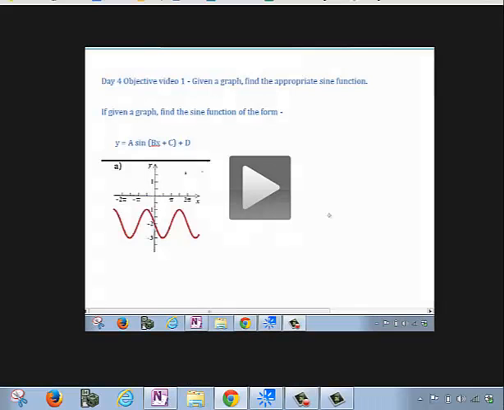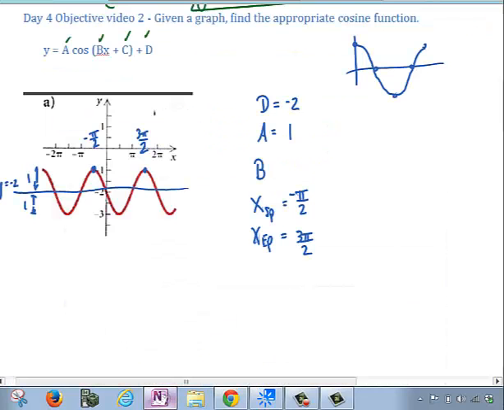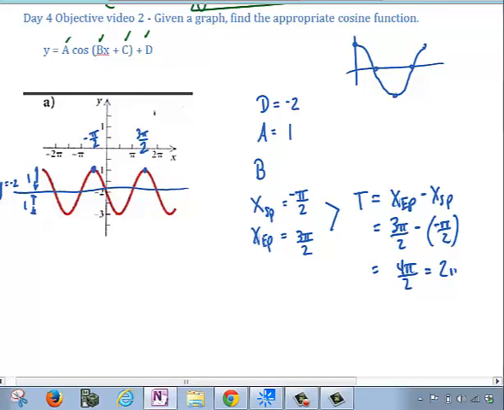Using those two pieces of information, the period is equal to the end point minus the starting point, and that will equal 3 pi over 2 minus negative pi over 2, which gives us 4 pi over 2, which simplifies to 2 pi.